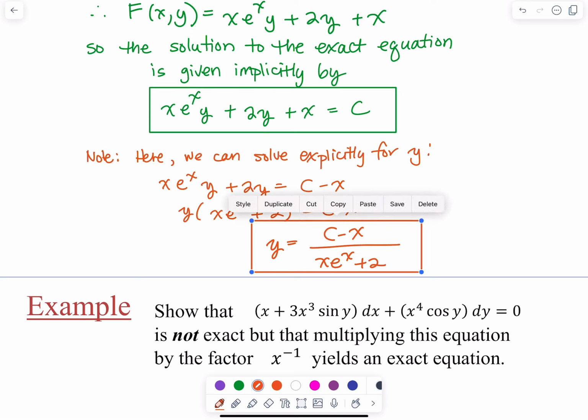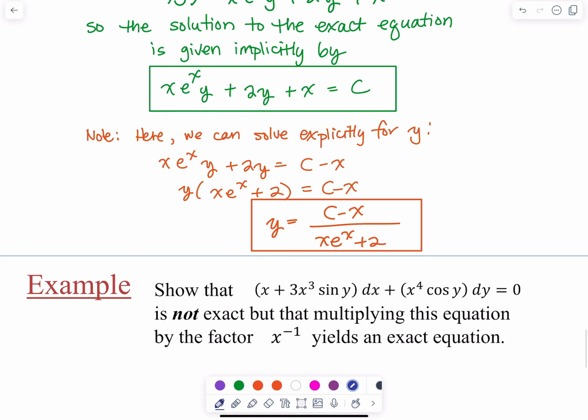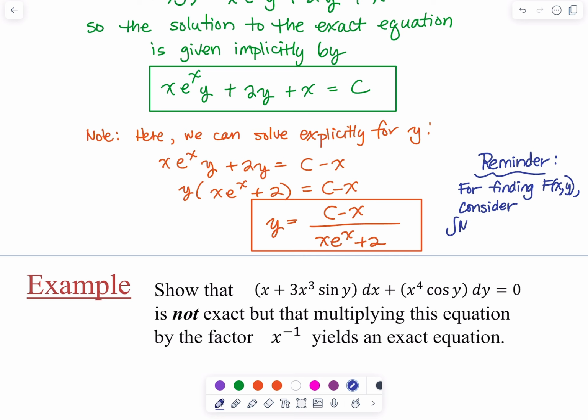Okay, let's also make a note, a reminder. So using your decision, which procedure for finding f of x, y, we want to consider each integral, the integral of m with respect to x and n with respect to y.